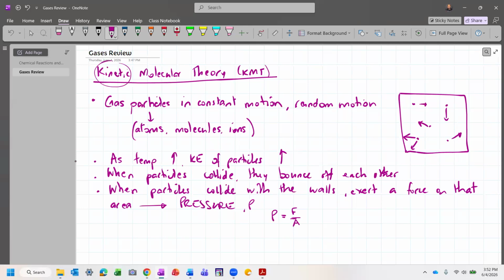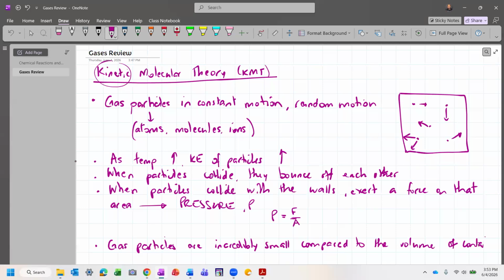The other thing to note for your gas particles and the KMT is that the gas particles themselves are incredibly small compared to the volume of the container itself.